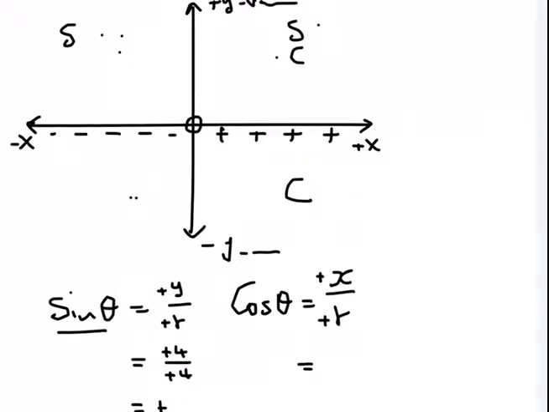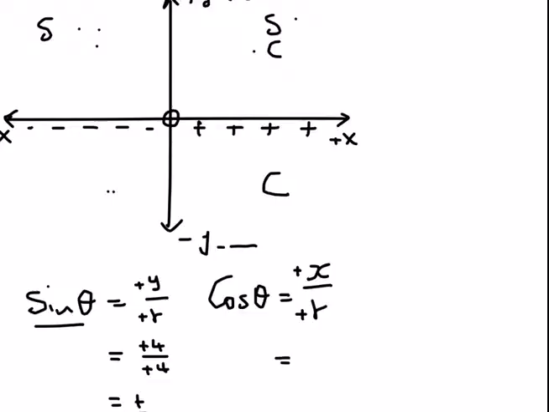Okay, so now let us jump on to tan and say in which quadrant we are having tan of an angle being positive. So tan, we know it is y over x. So that means we will be looking for where the ratio gives us a positive.